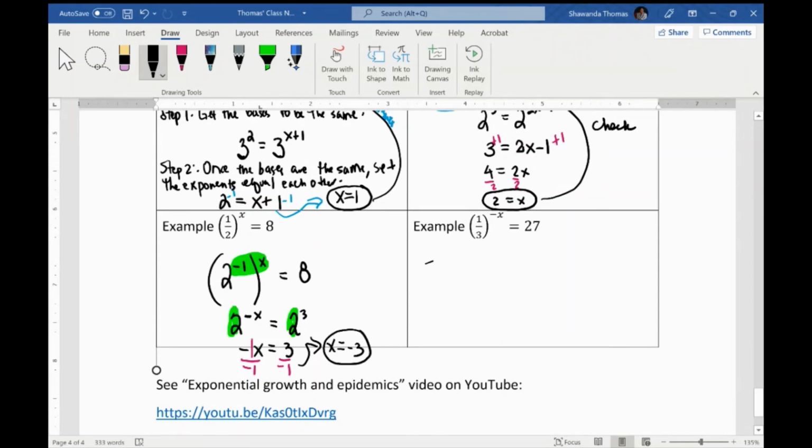All right. I want to see if you can get this one done. 1/3 to the -x, slightly different, to the -x equals 27. And I'm going to give you 2 minutes.